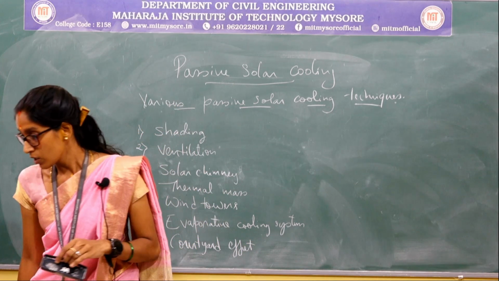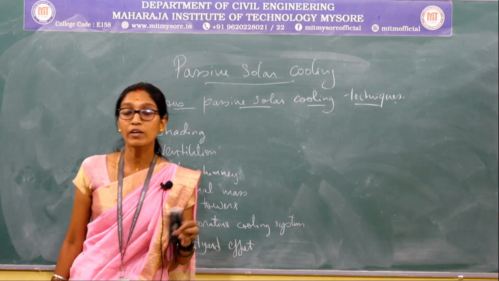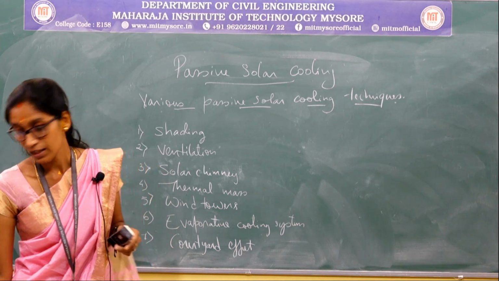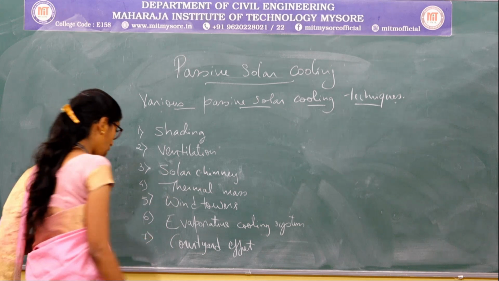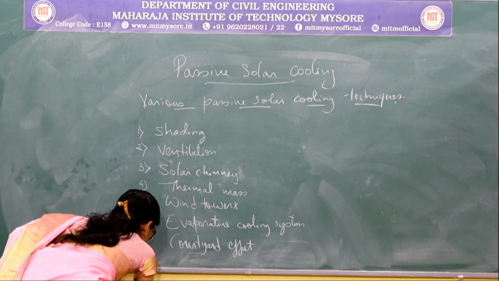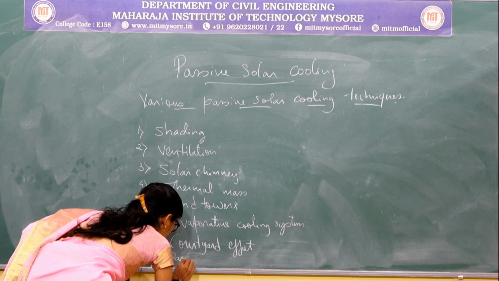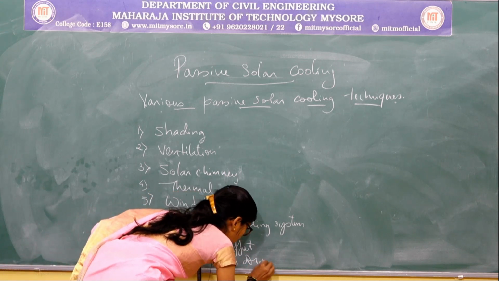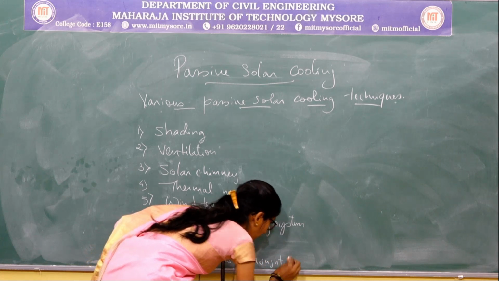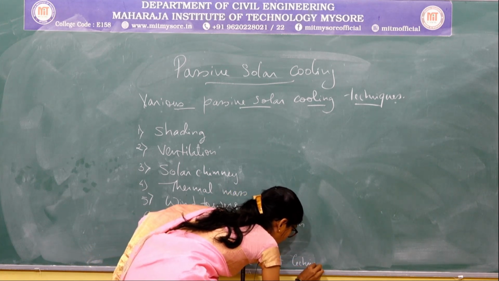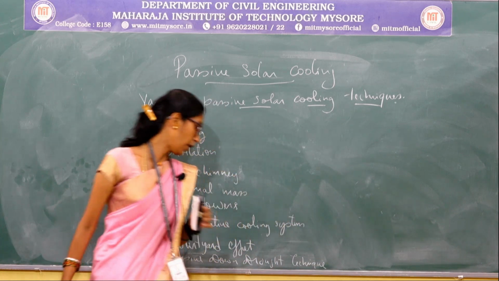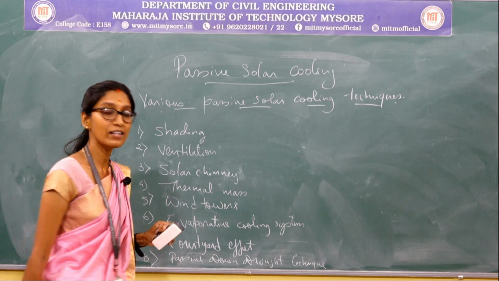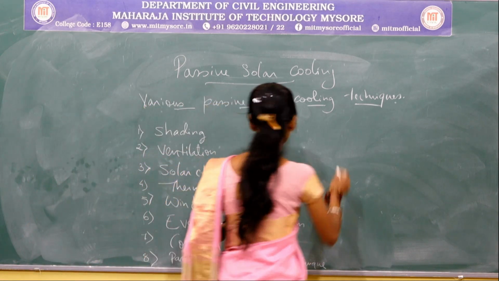The next technique which can be utilized in order to have passive cooling in a particular building is the passive down draught technique. And the next method is lattice screens.